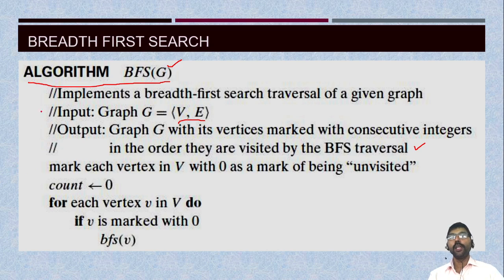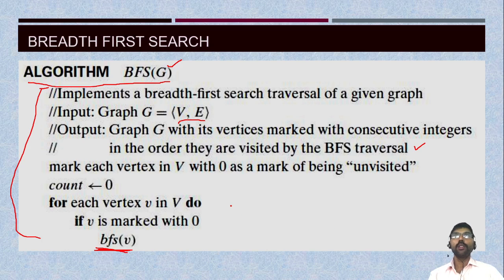Initially, this algorithm is almost the same as your DFS algorithm, but we have to apply BFS instead of DFS. What is the use of this algorithm? Actually, this algorithm picks one vertex from the graph, applies the BFS algorithm on that vertex, and visits all the adjacent vertices.